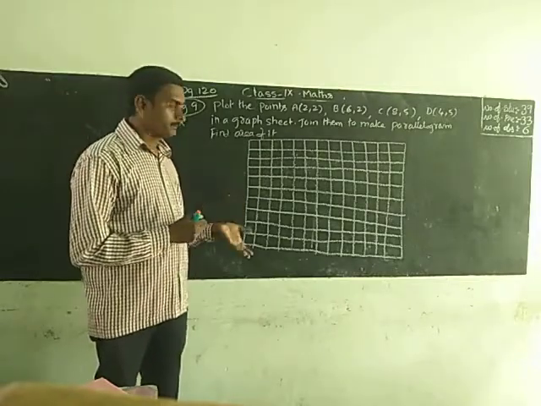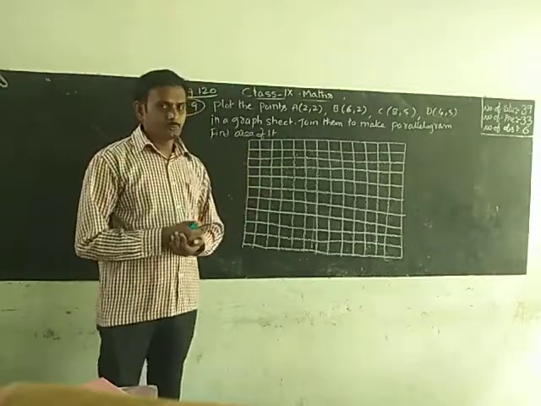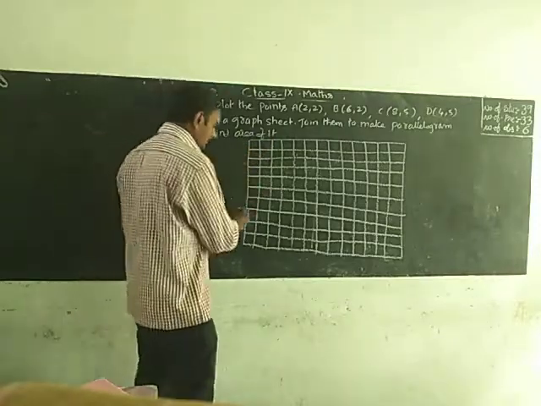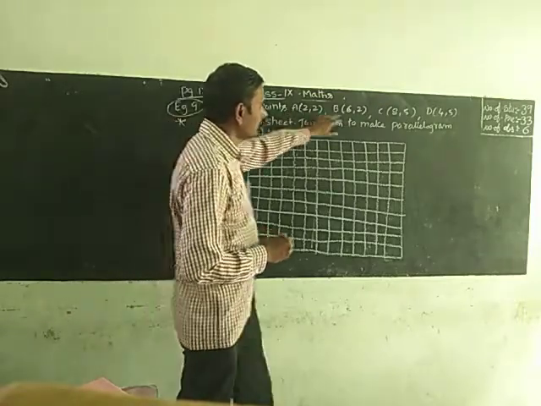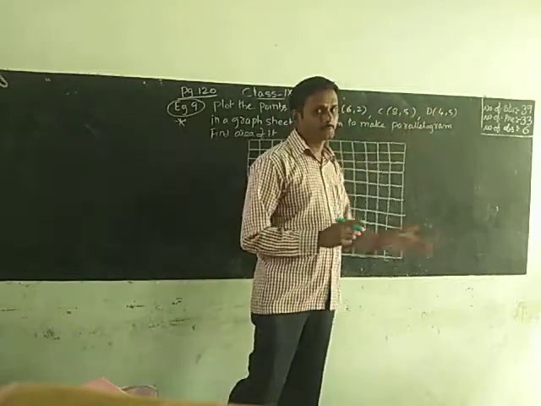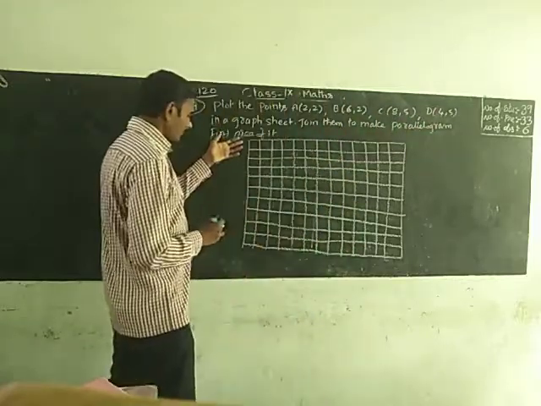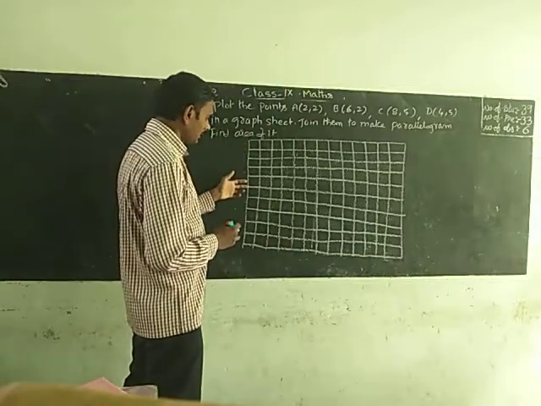Graph paper we have in this pattern, some grids they will give to you. We have to cover the x-axis up to 8, and the y-axis we have to cover up to 5. So it is comfortable to take the values 1, 2, 3, 4, 5, 6, 7.